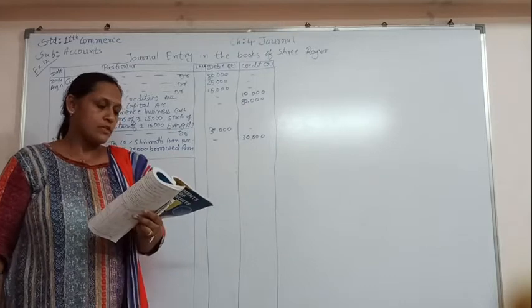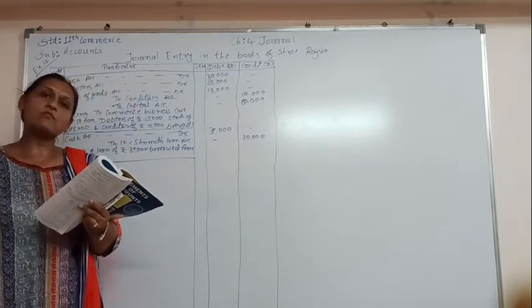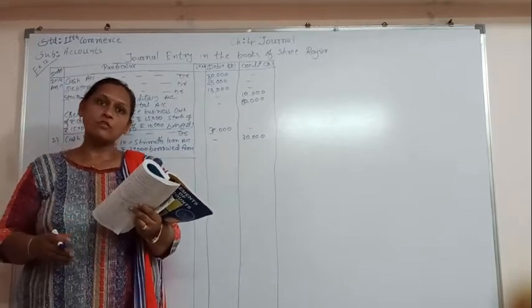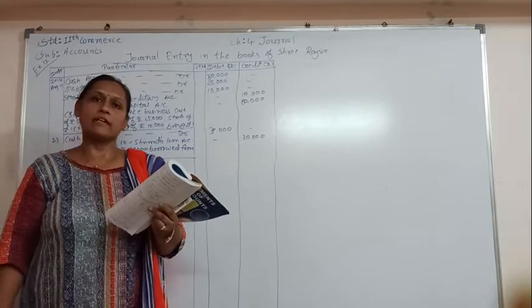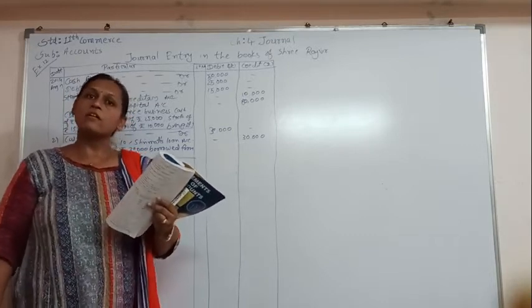Laptop purchased from Jaipur for cash rupees 20,000 and paid other expense 500. For that, the laptop is going to come into the business. So laptop account debit to cash account credit, and the journal entry will be passed for 20,500.